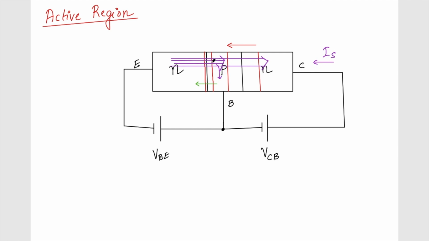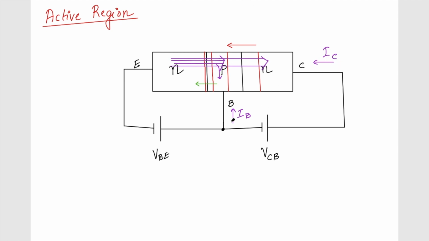And of course, the electrons which are recombining with the holes, as well as the holes that are diffused to the emitter region, will lead to a small base current IB. And this is IC, C stands for the collector.